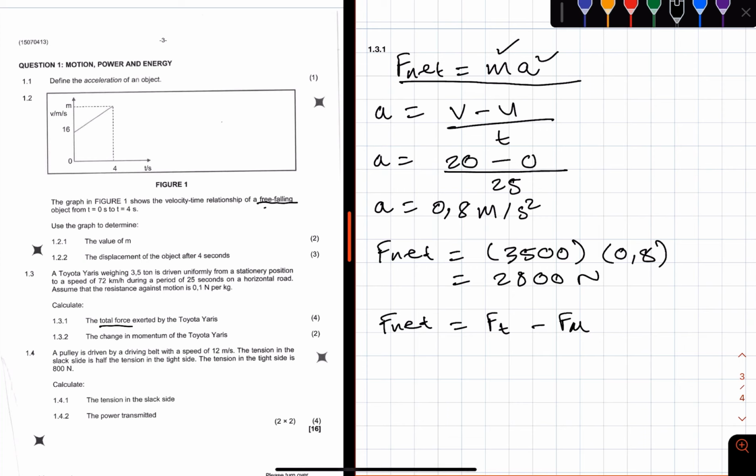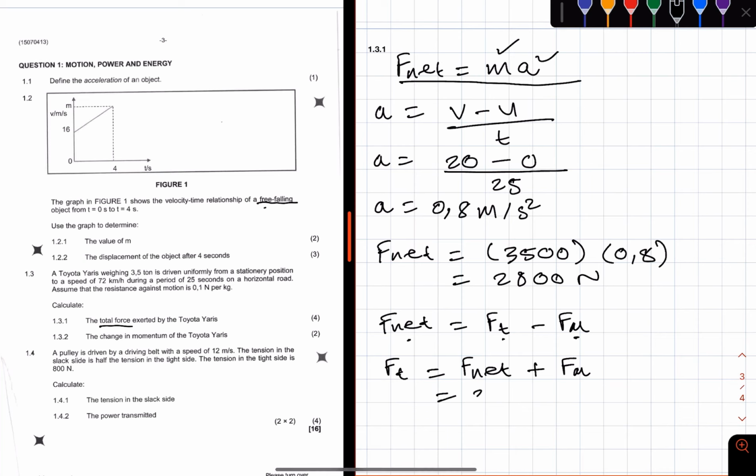Now we have F net and we have F mu, so we can get Ft. You take F mu to the other side, so Ft will be equal to F net plus F mu.